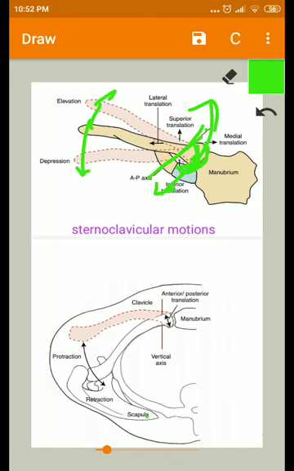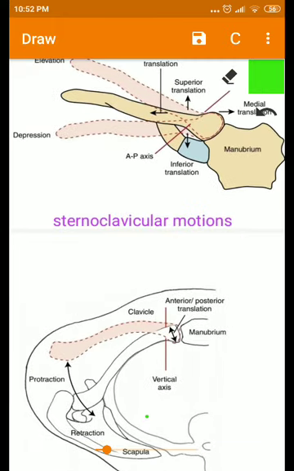Now what is happening in the case of elevation and depression of the clavicle? During elevation of the clavicle, there is a downward sliding of the medial clavicular surface on the manubrium and the first costal cartilage.